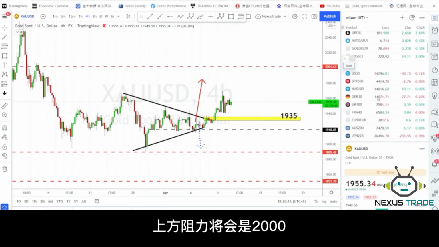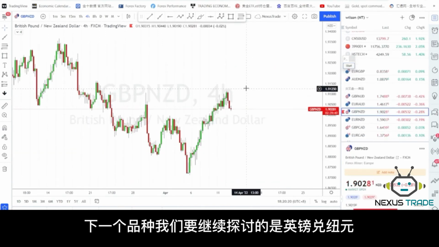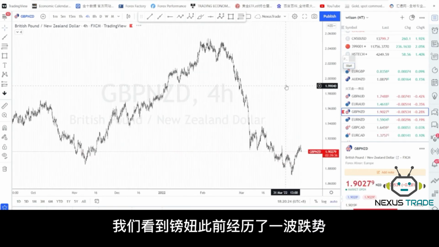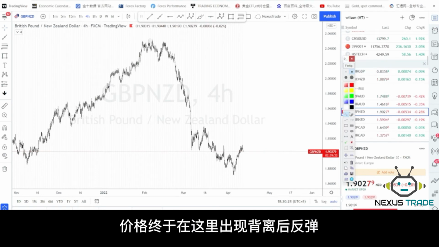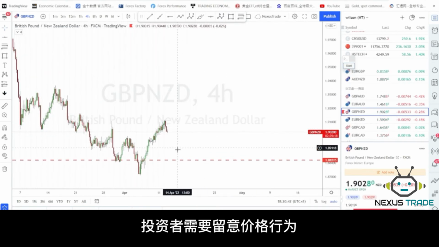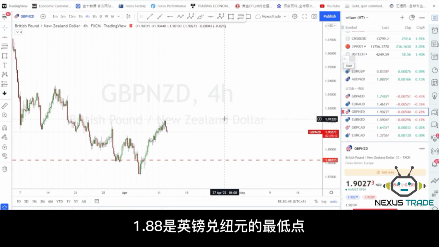Next, let us have a look at GBP NZD. This is a cross pairing. As we can see, the price previously dropped drastically, and finally there's a divergence over here and the price rebounded. So my suggestion is you have to monitor the price action when a pullback is given to double confirm 1.88 is the lowest for GBP NZD.